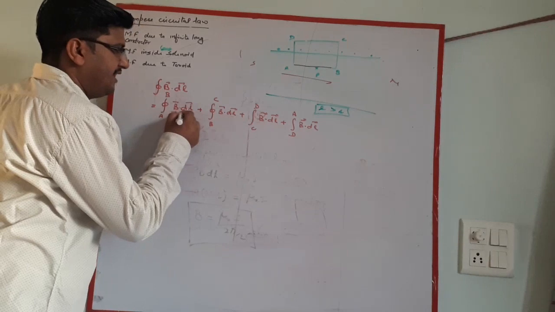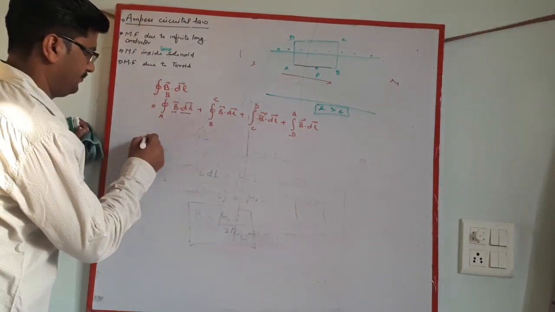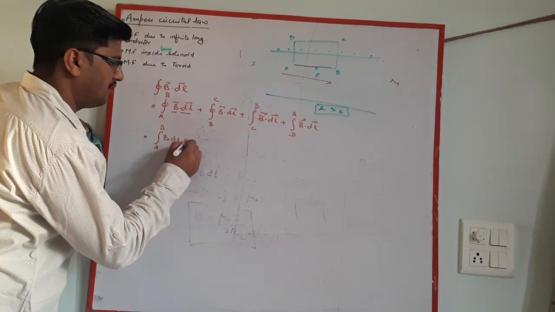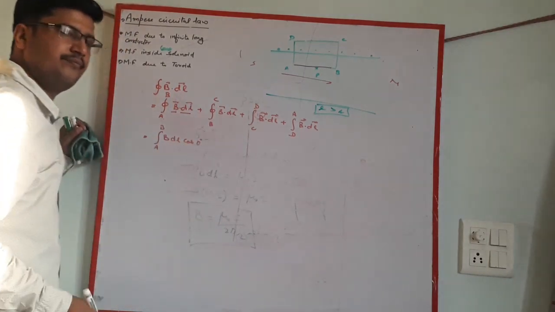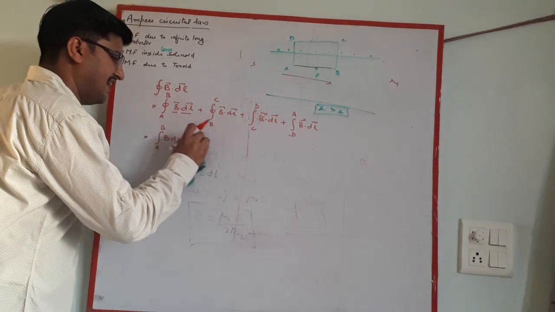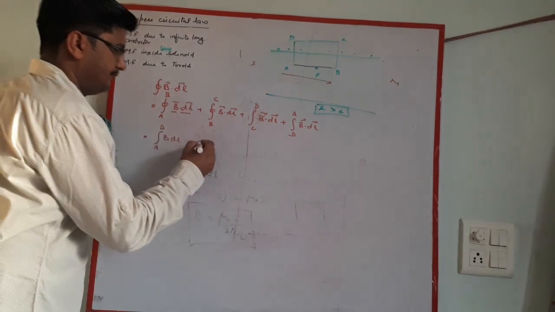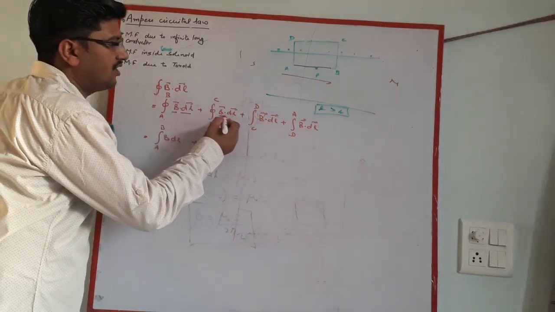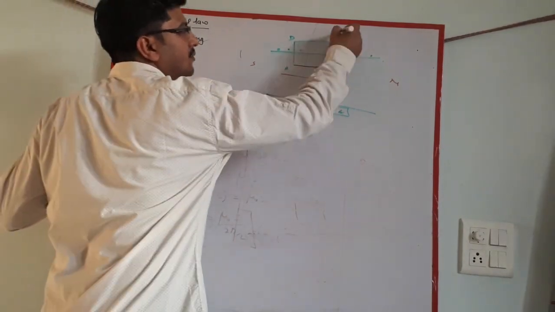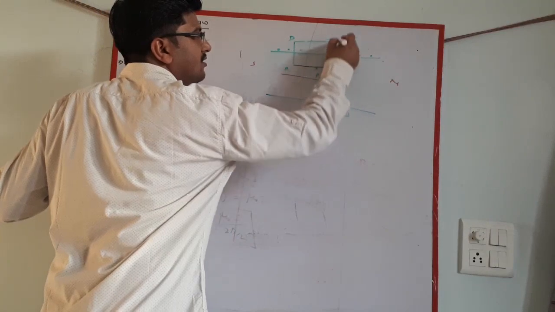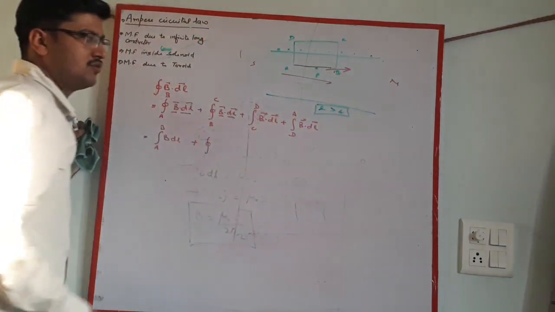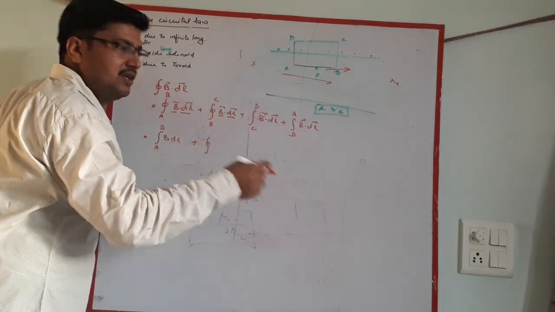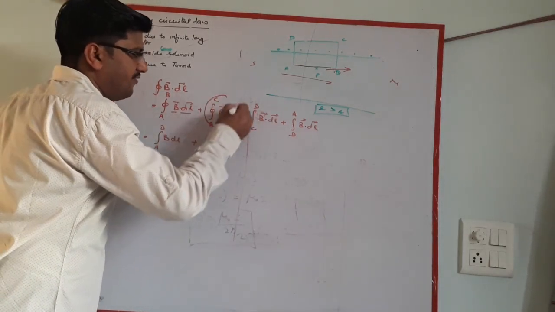That means B dl cos 0, from A to B. Cos 0 degree is 1, so we write B dl, plus for BC, the magnetic field is in this direction and the length element is perpendicular to the magnetic field, so B dl cos 90 is 0, and this part vanishes.